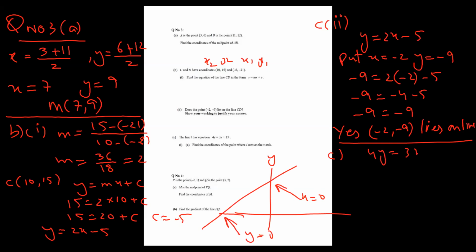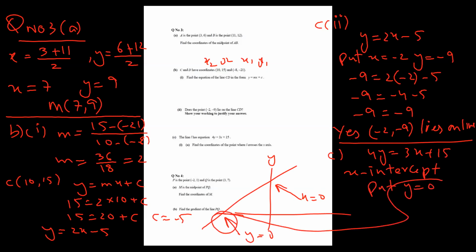So I have this equation already. Because it is crossing the x-axis, in short, the x-intercept, I will put y equals 0, because here y is 0. So when I put y equals 0 here, 4 times 0, 3 times x plus 15.